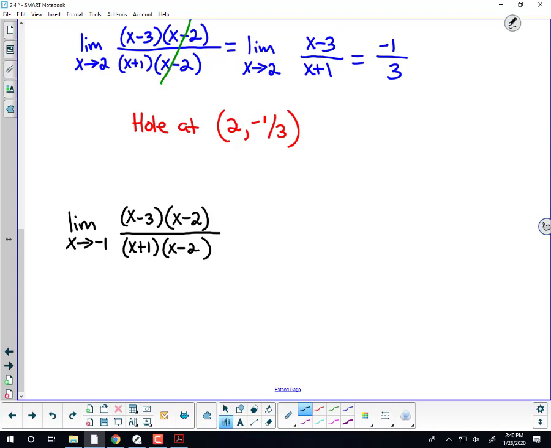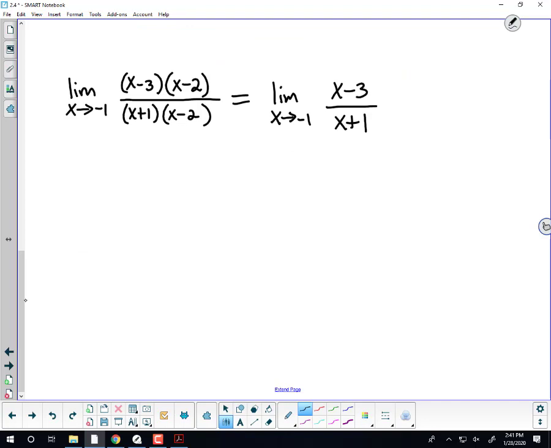So honestly, before we even compute the limit from the left and from the right, we can just work with our simplified function because, no matter what x is approaching, that function will simplify to x minus 3 over x plus 1. So maybe redundant to write this down again since we've seen how it simplifies. But nonetheless, we've got this factor on the bottom that causes the bottom to approach 0, and that factor cannot be removed. So now this is where we have to compute the limit from the left and from the right.